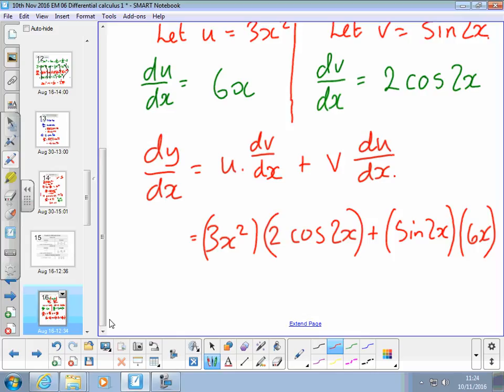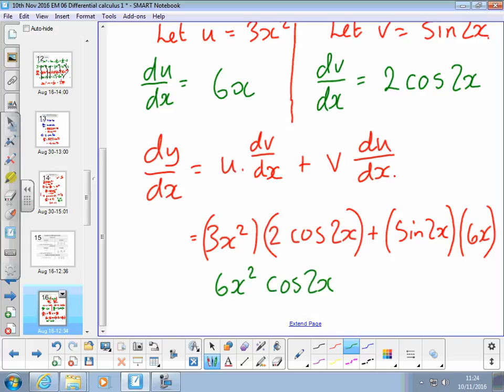Now, if we look at the possibility of simplifying that, there's a pair of brackets there multiplied together. So we could do, could we not, 3x squared times 2, 6x squared cos 2x.